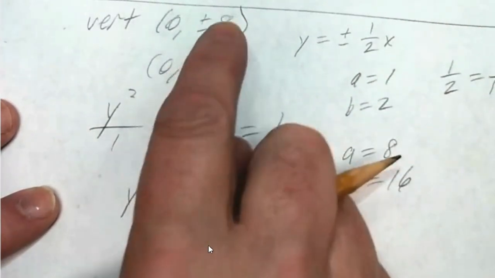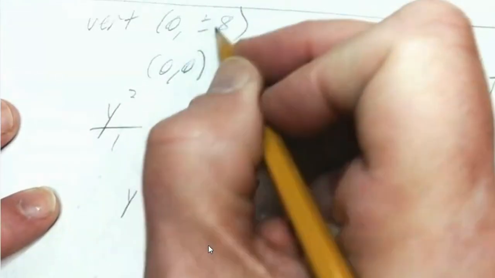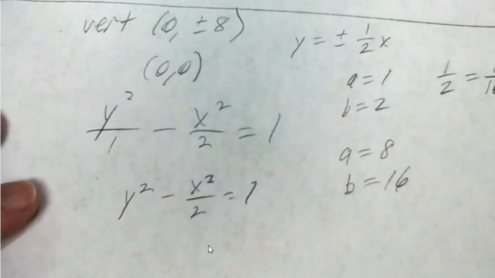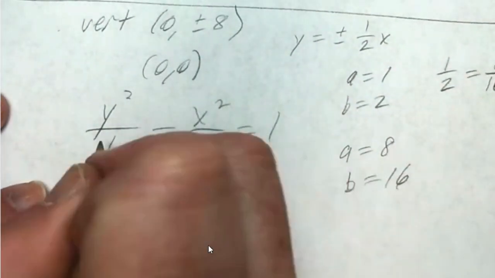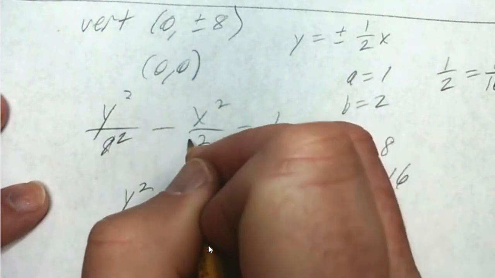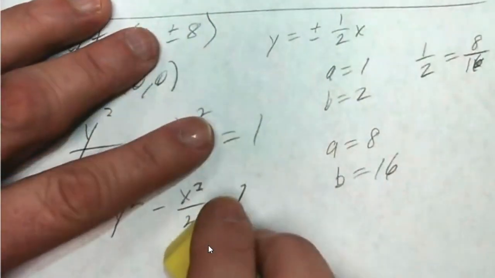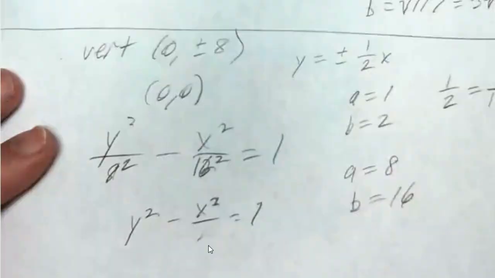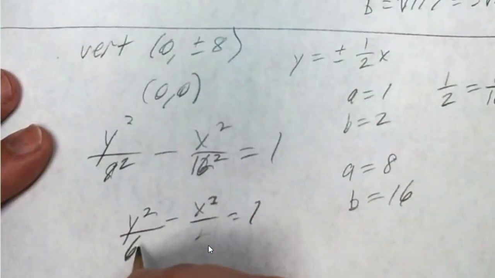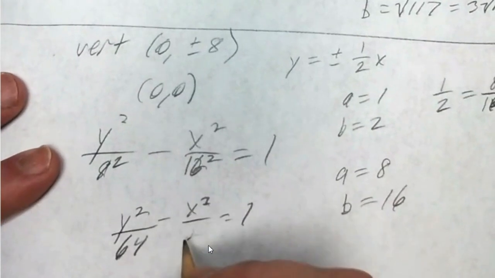We need to know what a is. A is calculated as the distance to the center. So this is 8 squared, and this is 16 squared. So this is over 64, and 16 squared is what, 190?